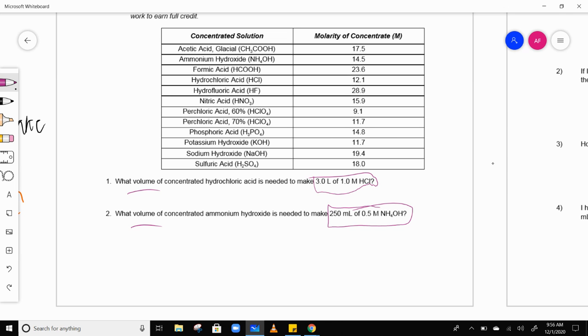Your M1V1 will be your concentrated ammonium and your hydrochloric acid. And your M2V2 will be these two. It doesn't matter which one comes first or second, as long as you group them together correctly.